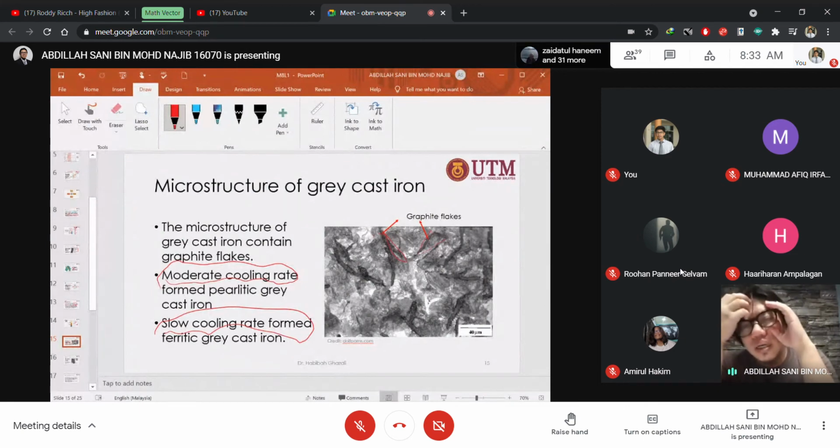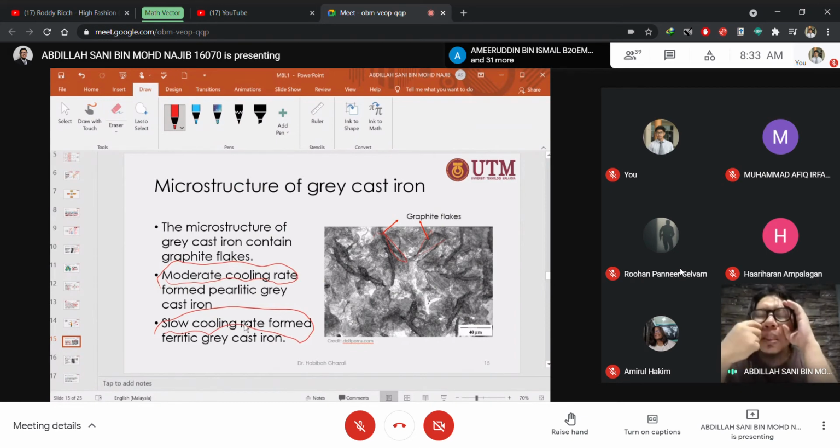So that is how the graphite is formed. Okay, so if we slow it further, at moderate cooling rate, from the austenite, it will form the pearlite.